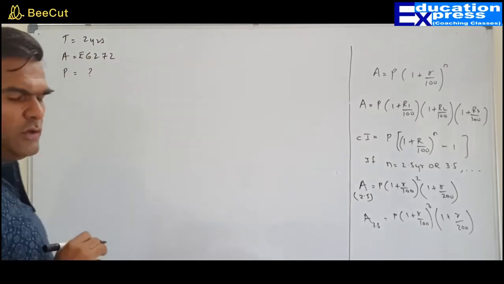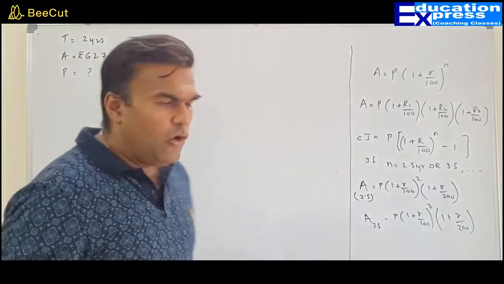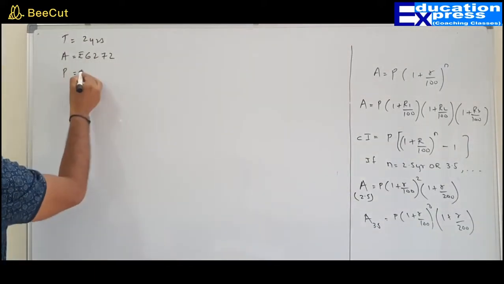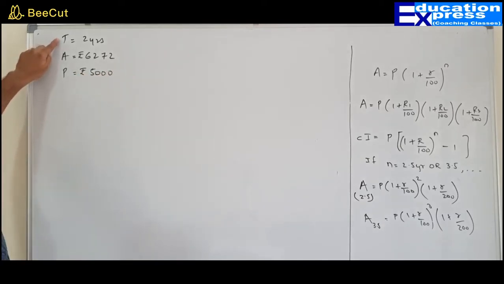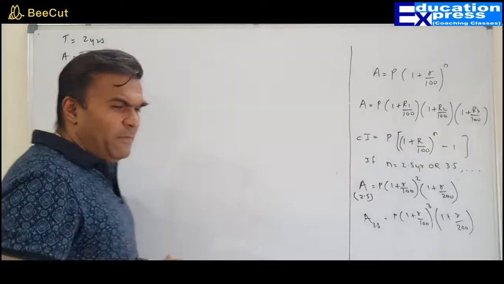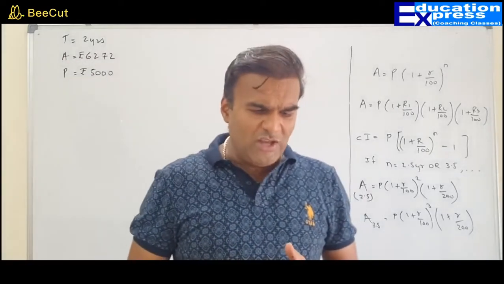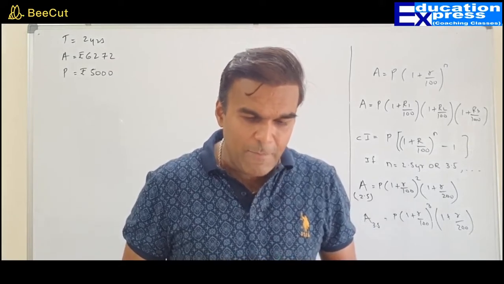That is not known. So it is mentioned that a person invests rupees 5,000, for how many years? 2 years. Which amounted to how much? 6272. That means 5,000 became 6272 at the end of 2 years.